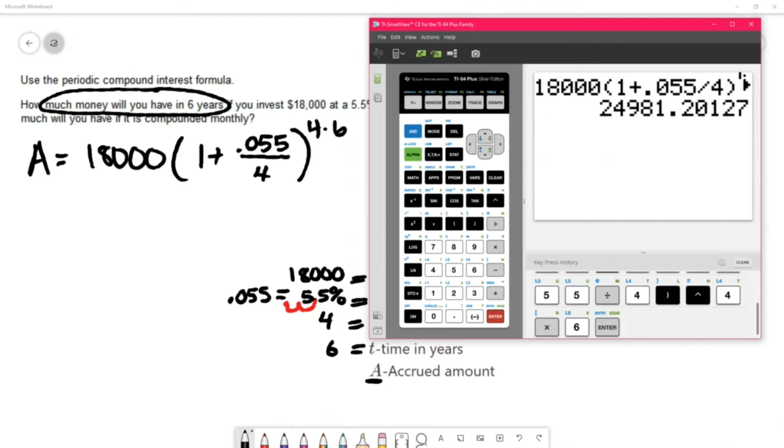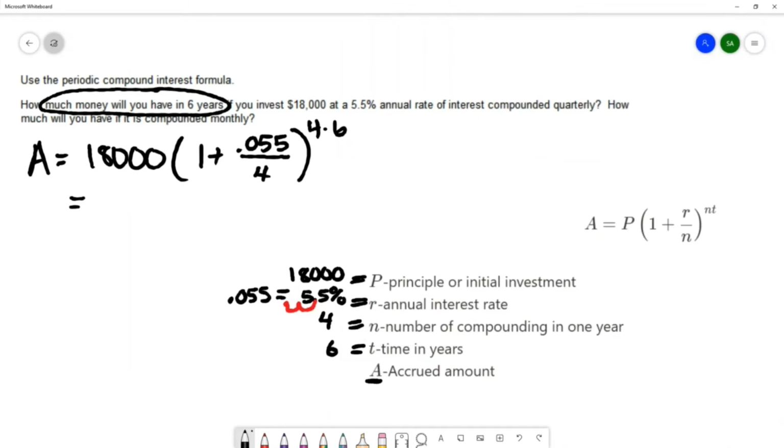So we are going to have $24,981.20 at the end of the 6-year time period. Let's write that down. $24,981.20.